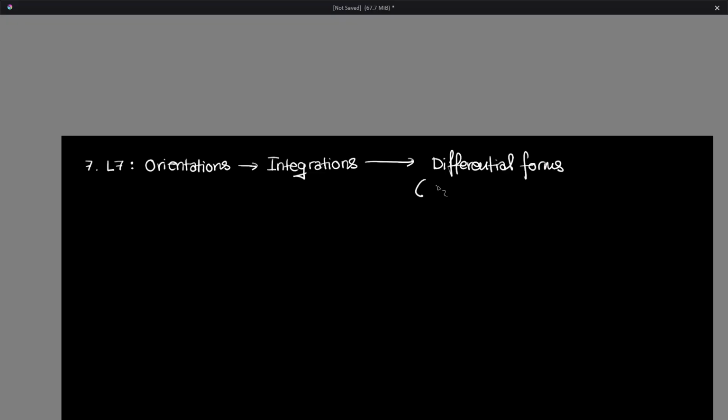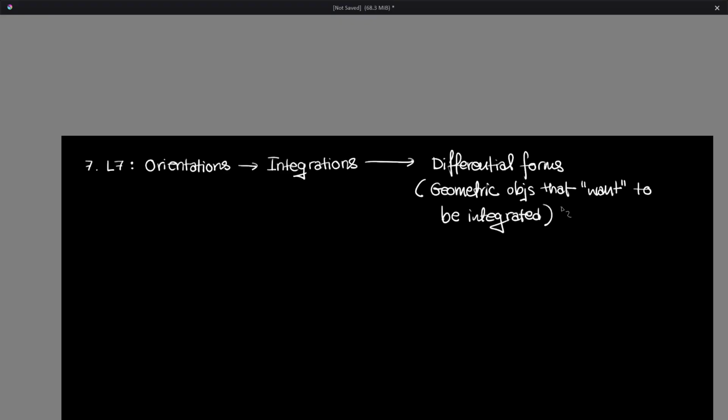Here we defined orientations, which we needed to define integration. Now, integration is a fundamental operation on differential forms. Differential forms are often characterized as geometric objects that, to personify them a little bit, want to be integrated.